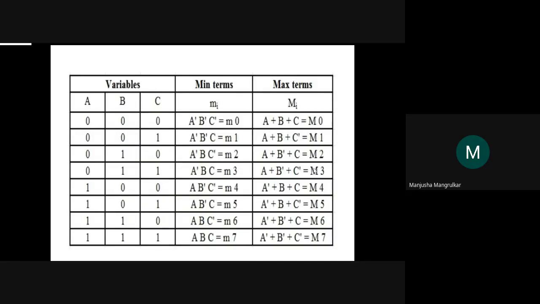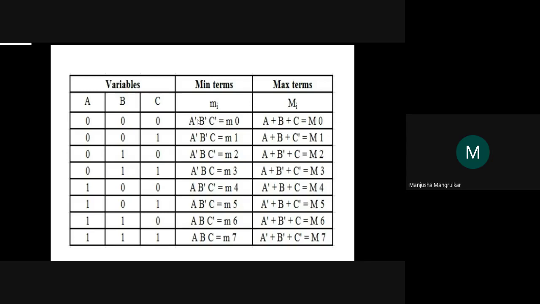Now how can we see that? It is just the comparison of min terms and max terms. There are three variables: A, B, C. Right? So 0, 0, 0. In the min term, what is it? A complement, B complement, C complement, small m0. Right? Min term.